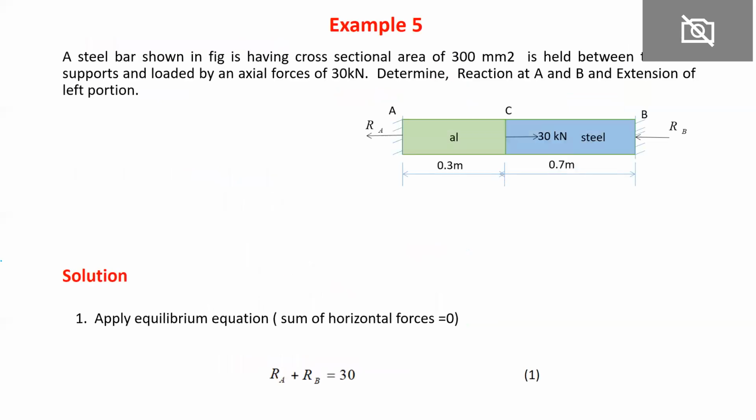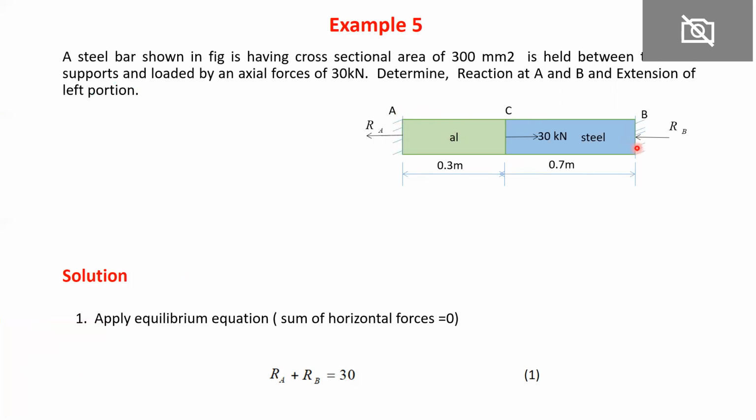So this example is of a different category. Before starting with this example, we'll have a little overlook. In the previous cases you might have observed, for this member, there are no restraints or rigid body constraints put on either side.